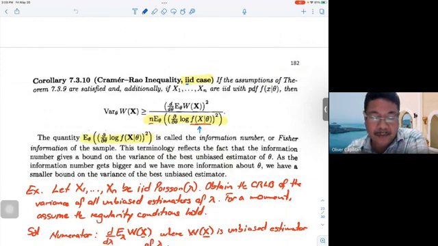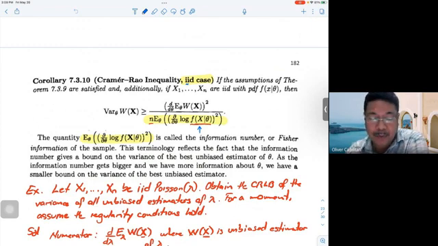So if the assumptions of Theorem 7.3.9 are satisfied, and additionally, if X1 up to Xn are IID with the given PDF f(x | θ), then the variance of our estimator W(X) is greater than or equal to the same numerator, the square of the derivative of the mean of W(X) with respect to θ, this time divided by n times the expectation of the square of the partial derivative of the log of the PDF f(x | θ) with respect to θ.